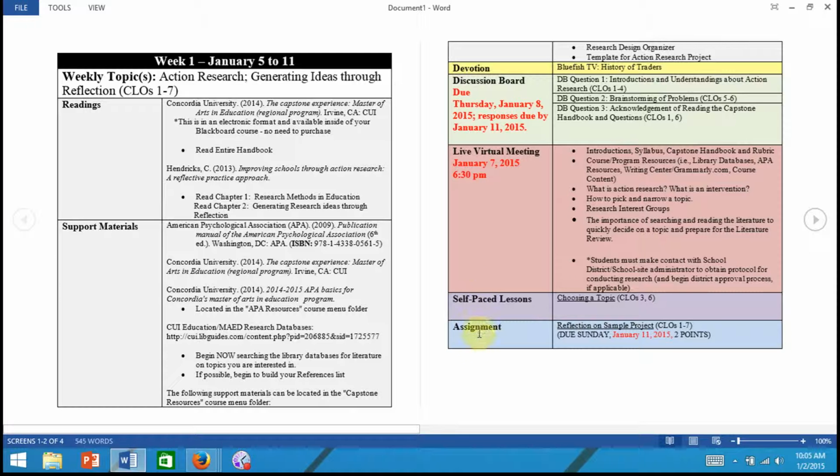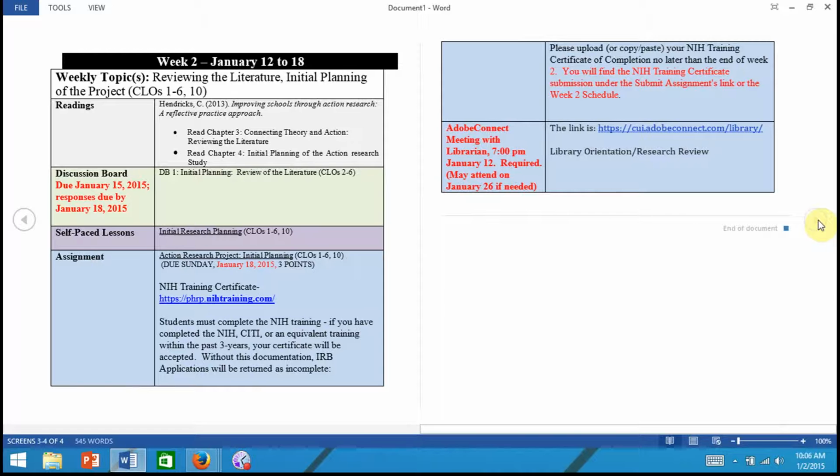Please also note there's an assignment due on January 11th based on a reflection on a sample project. The directions are on Blackboard, but that's another assignment due by the end of next week, so I want to give you a heads up to get you started.